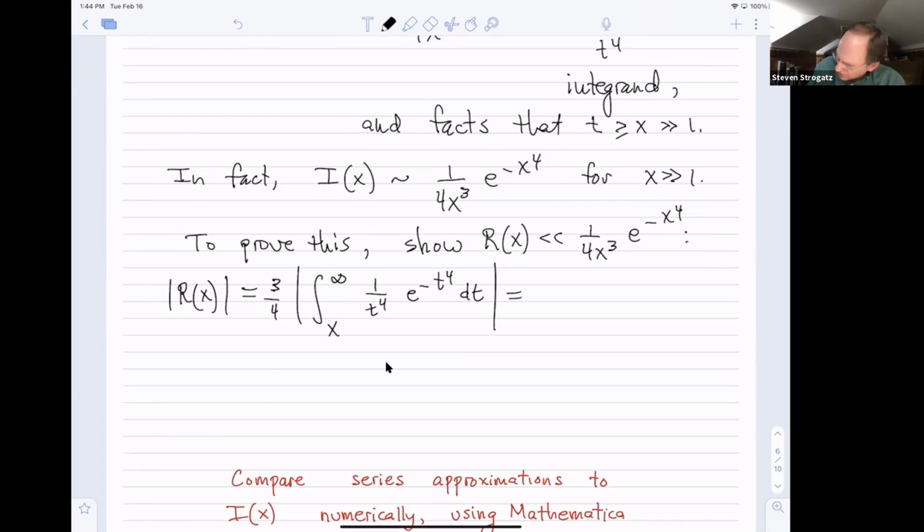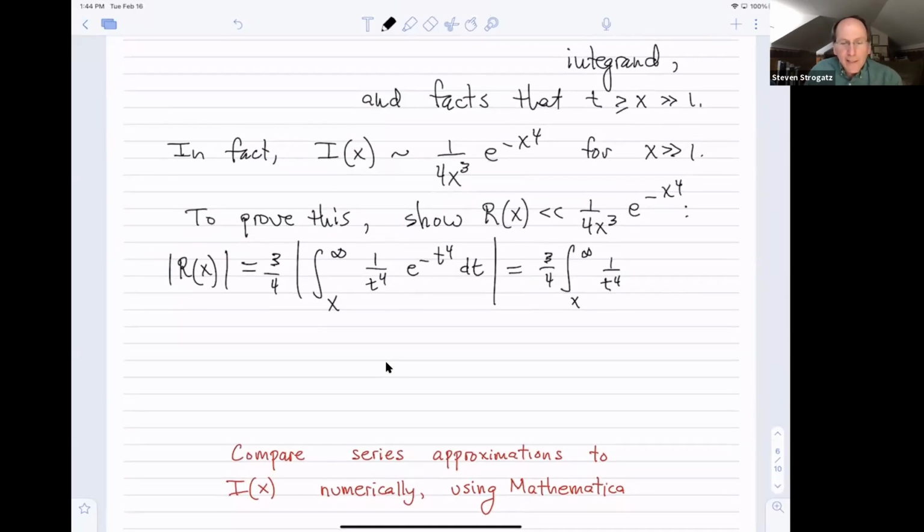This is equal to, this is another use of the trick from earlier, 3/4 integral from x to infinity, 1 over t to the 4th, and then do the trick where we expand that e to the minus t to the 4th dt as 1 over 4t cubed d of e to the minus t to the 4th. So here I'm using the trick again from earlier.